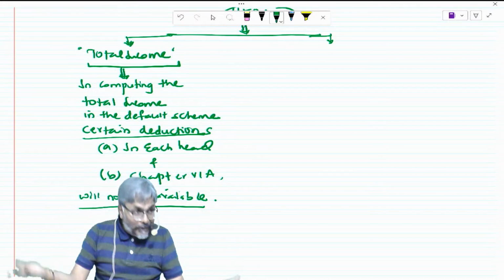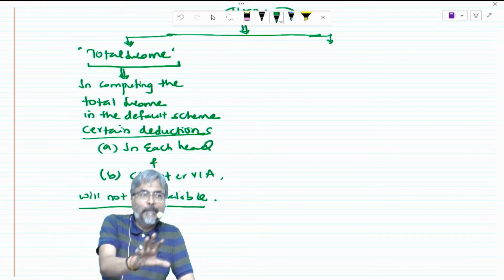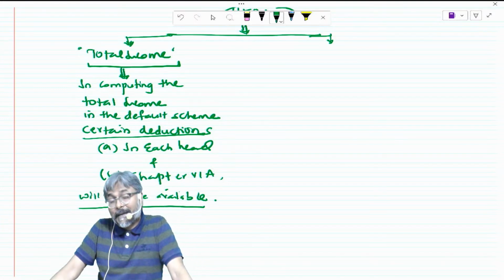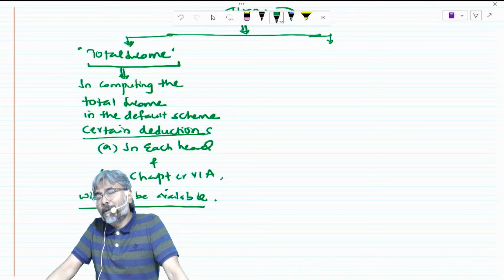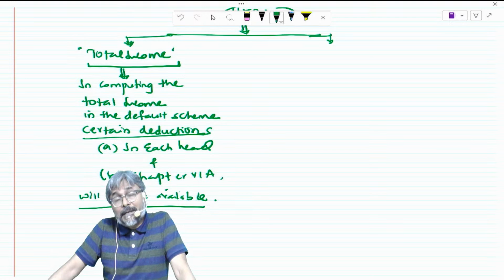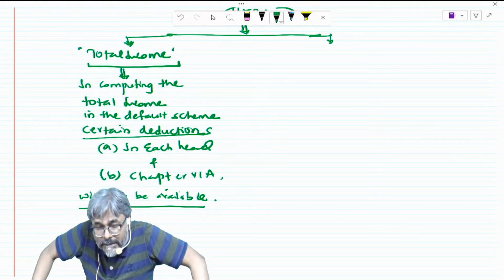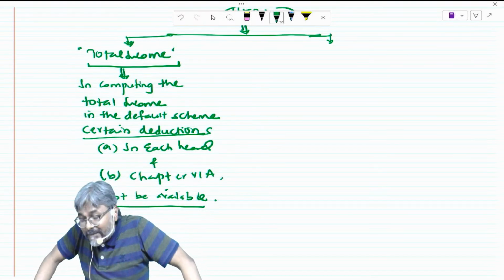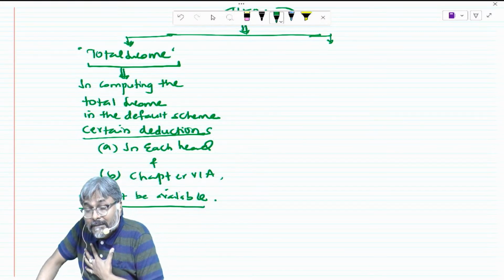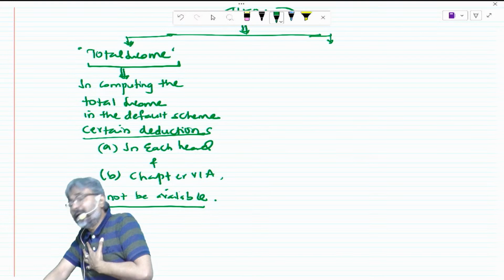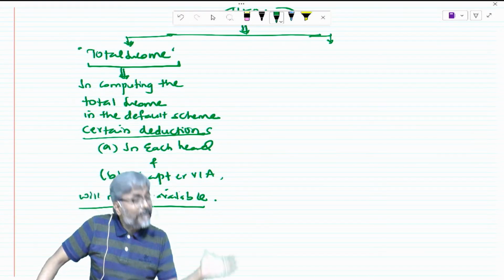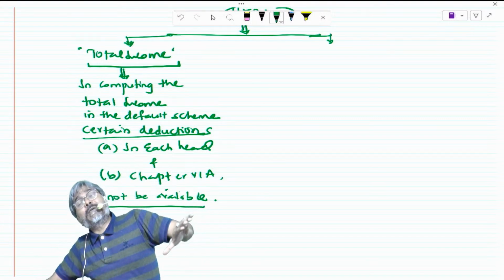When by default this deduction is not available, then what was the use of learning it? Can you tell me? Like I told you, in the next year, in assessment year 24-25, when I file my return of income, by default which scheme is going to be applicable?